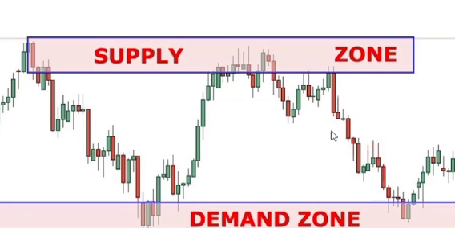That is why the market drops back to the previous zone. So this is what we call a demand zone. That is a zone where we look for buy opportunities, and a supply zone is a zone in the market where we look for sell opportunities.